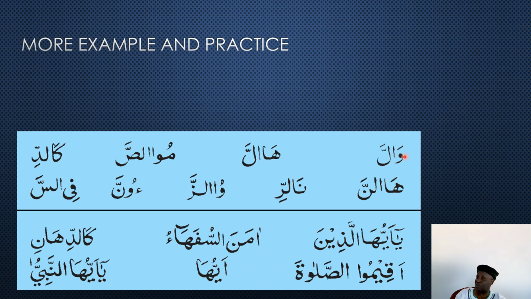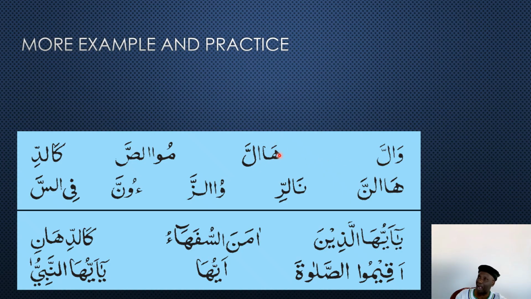But in this case, as you can see, there is a lam just after it with a shadda. So this takes out the alif. So this will be walla. Now you're not going to pronounce the alif here, it will be silenced, ignored, and the pronunciation will be walla.